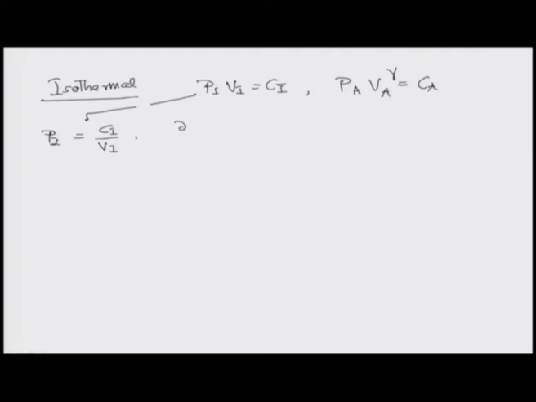Let us calculate the slope in an isothermal process, del Pi by del Vi, which is nothing but minus Ci by Vi square, but at the point V naught. What is V naught?